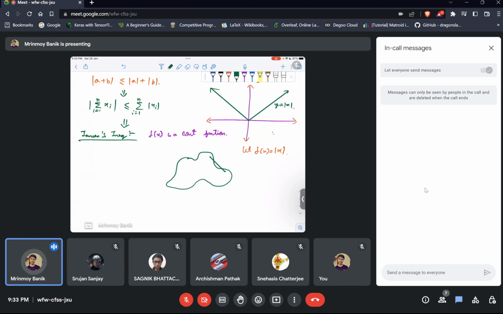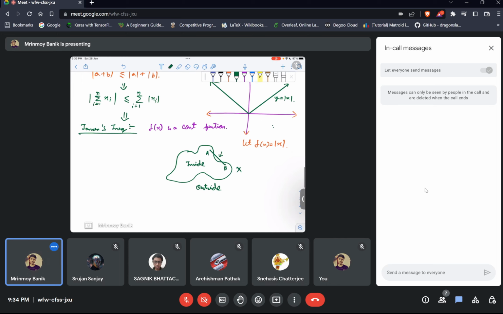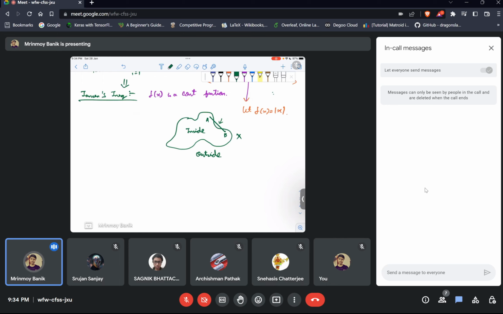If you have a closed simple curve, you can designate the surface on which it is drawn as inside and outside. So here, as you can see, for the two points A and B, the line partly passes through points which are outside. So this is not a convex shape or curve.